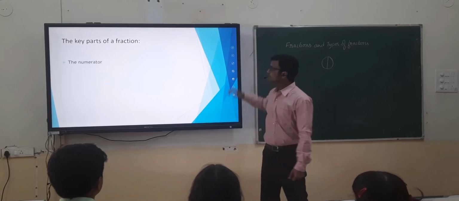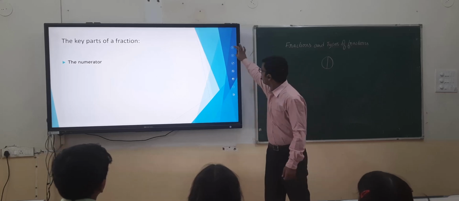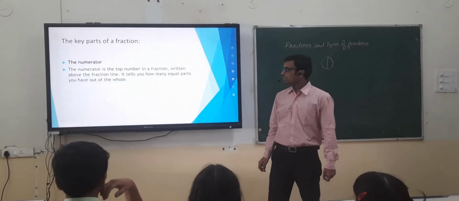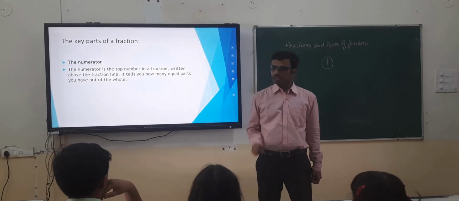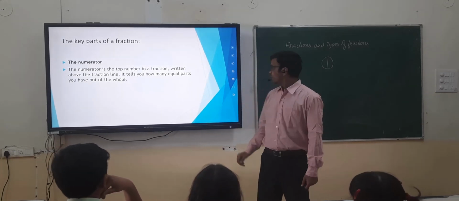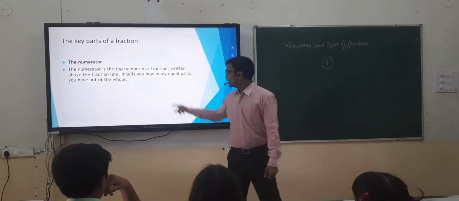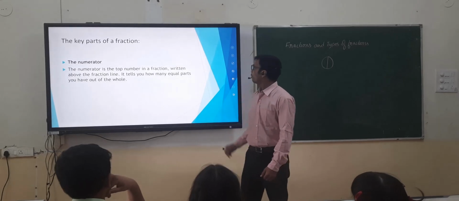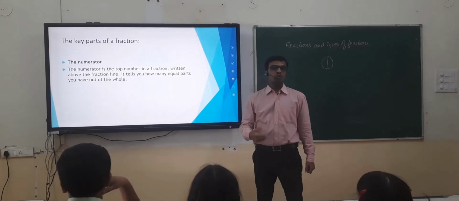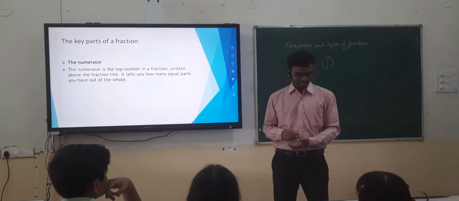First one is the numerator. What is the meaning of numerator? The numerator is the top number, the number written above the fraction line. It tells you how many equal parts you have out of a whole, meaning how many equal parts you have selected.